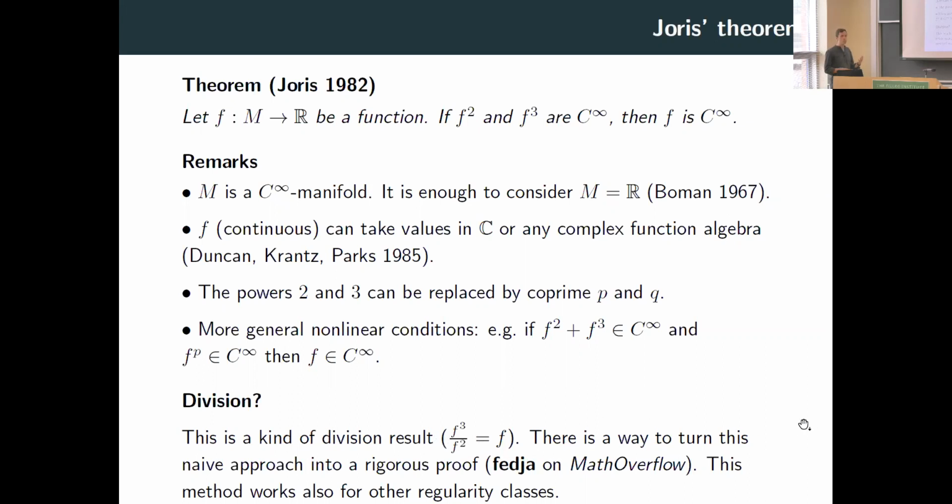He sketched a proof of how to get this result in the C infinity setting by going to the complex domain and actually doing a division. I would like to present this. It turns out that this scheme of proof also works for other regularity classes, and I would like to present it in the context of Denjoy-Carleman classes.